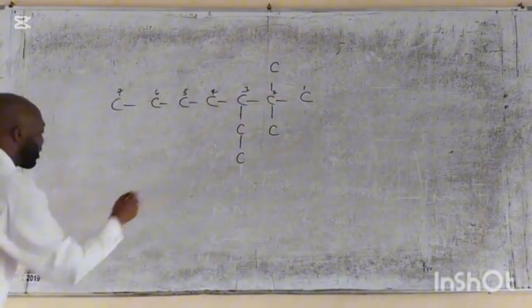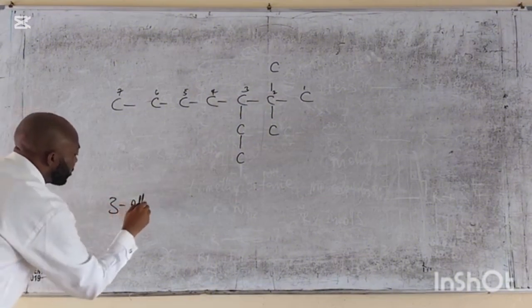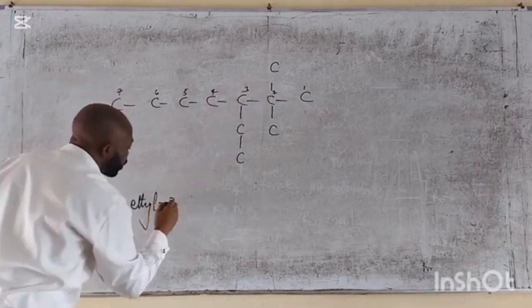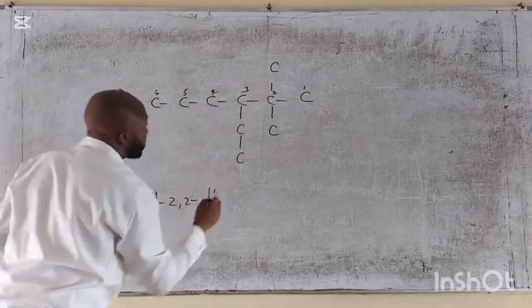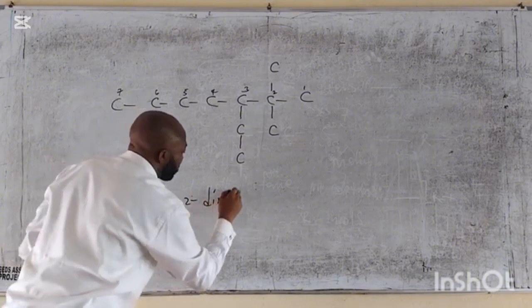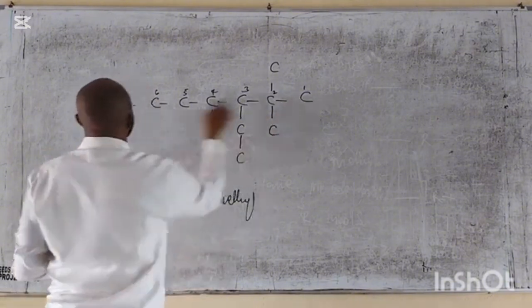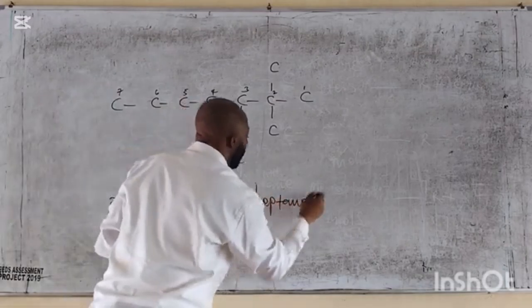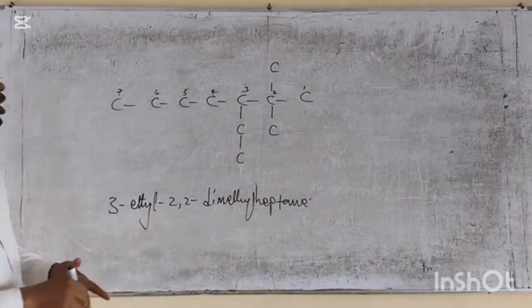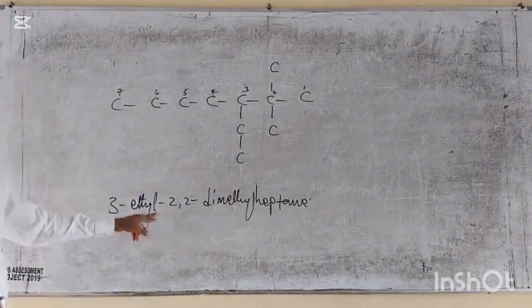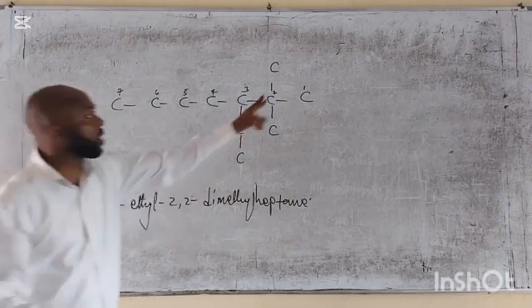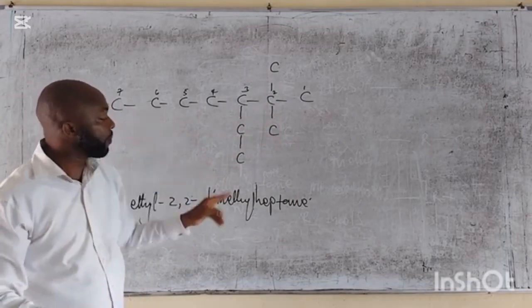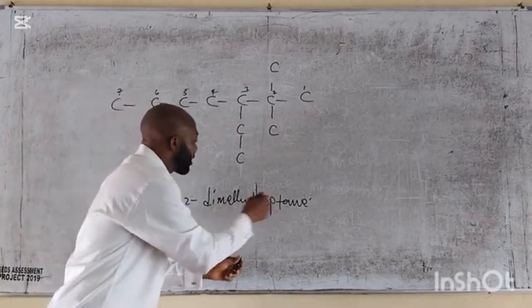So I say 3-ethyl, 2,2-dimethyl, heptane. So the compound becomes 3-ethyl, 2,2-dimethylheptane, because in carbon 2 I have 2 methyl.